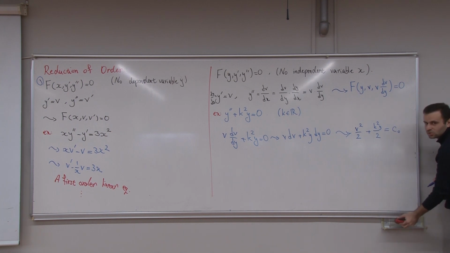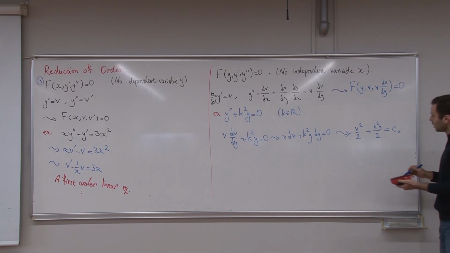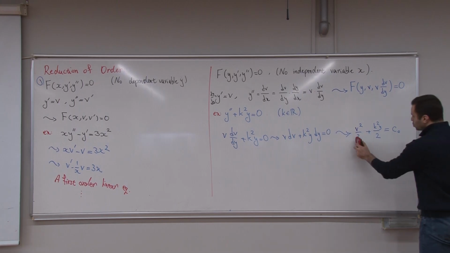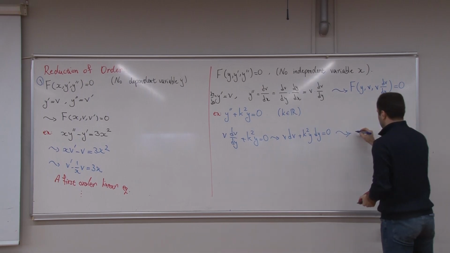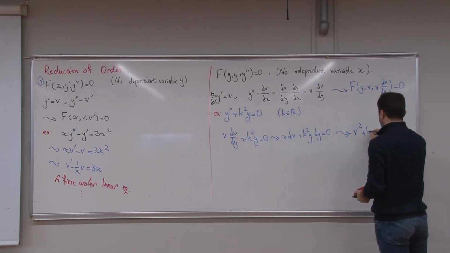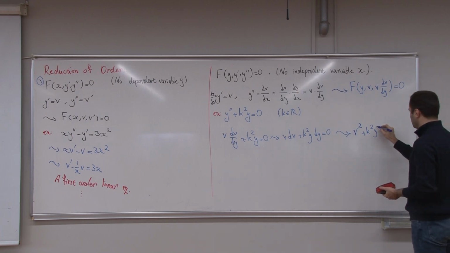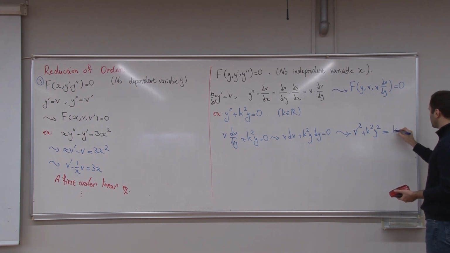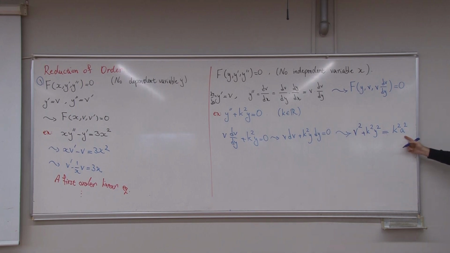I'm just going to use a trick here. This is going to be apparent after a few steps. I'm multiplying both sides by 2, and instead of this 2c0, I'm going to write v² plus k²y² equal to k² a², where a is another constant.